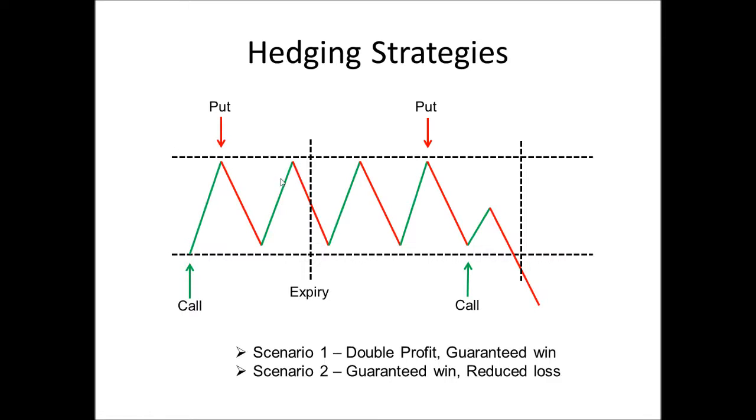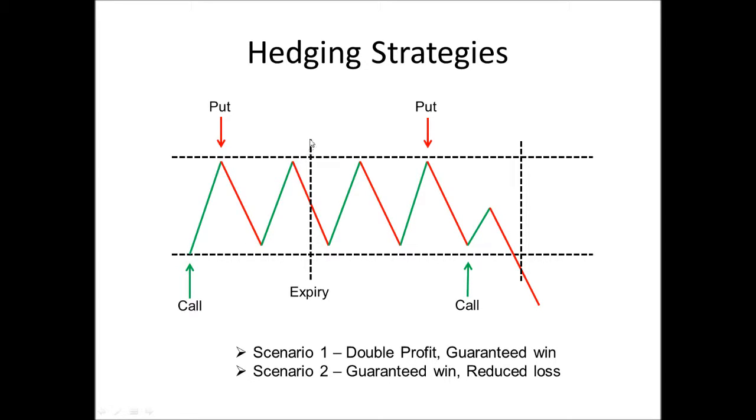And the reason we would do that is because when both of these options expire, we can profit from both the call and put. As long as the support and resistance is held, 99% of the time, price is going to close in between the support and resistance.